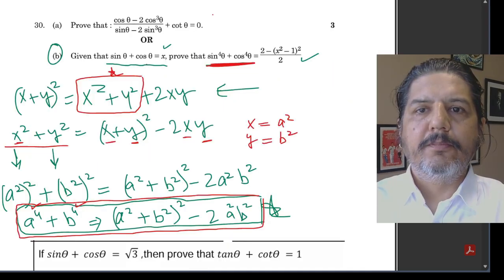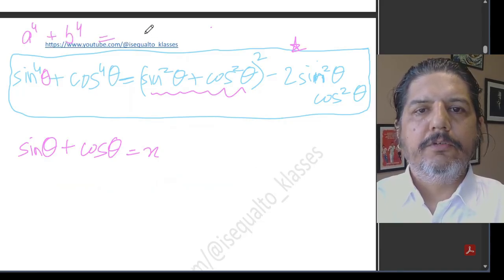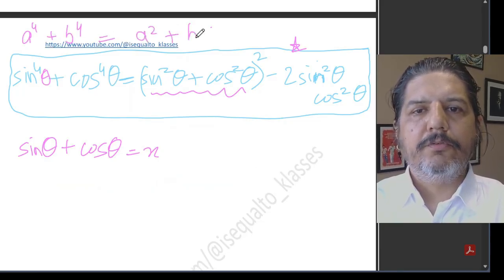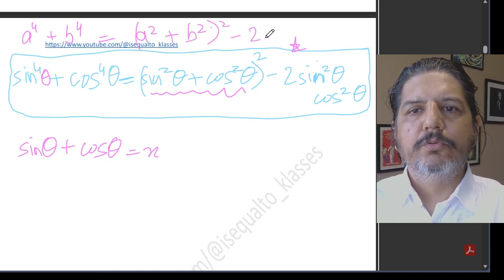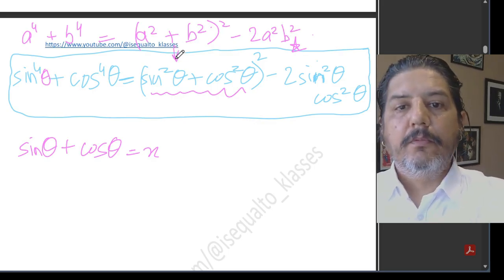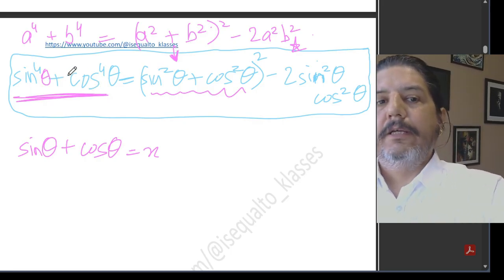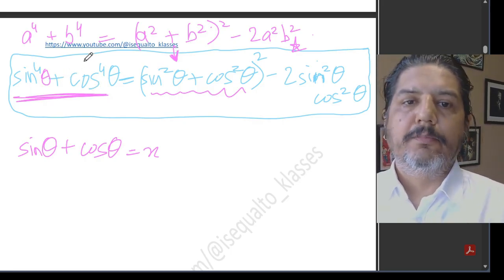I got this result by using this expansion, that a⁴ plus b⁴ equals (a² plus b²) whole square minus 2a²b². This is the expansion I'll be using when I have to understand what exactly is equal to sin⁴θ plus cos⁴θ.